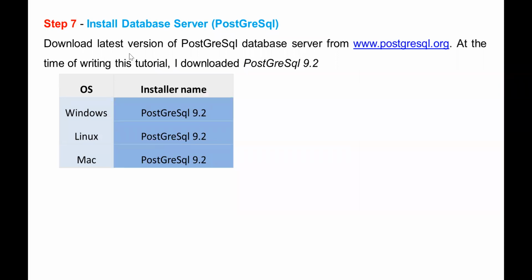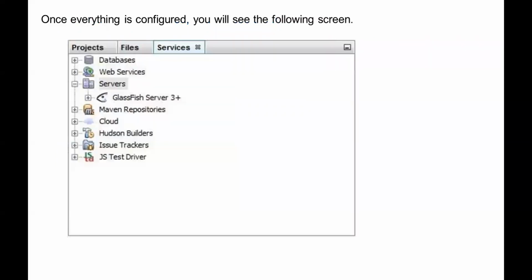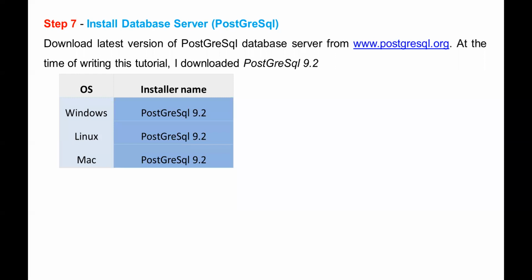You can download the latest version of the PostgreSQL database from postgresql.org, and we can install it in your Windows. PostgreSQL version 9.2 is better to execute the EJB concept. So these are the system environment setup steps.